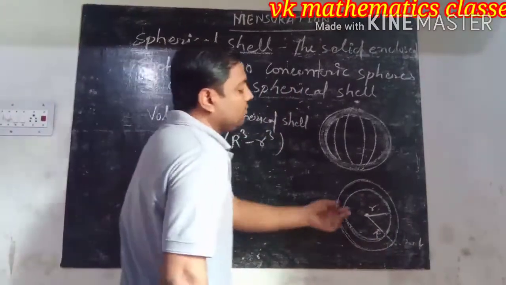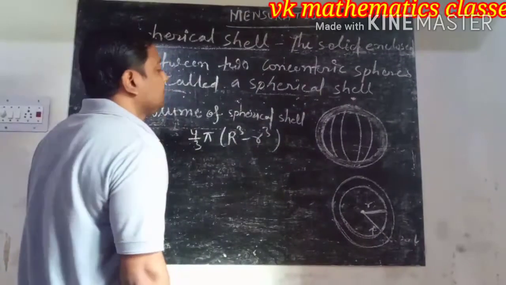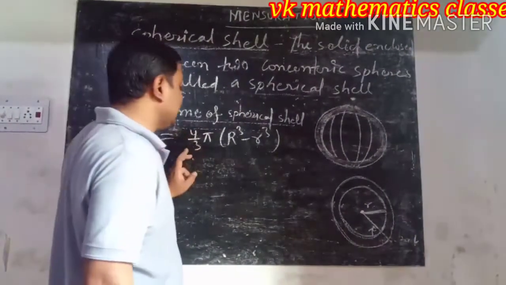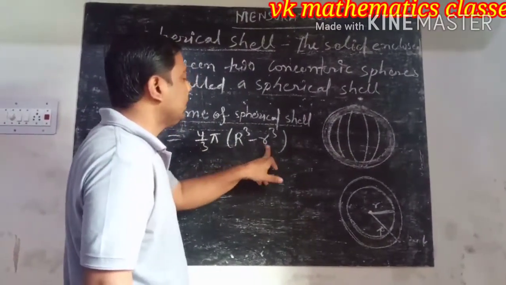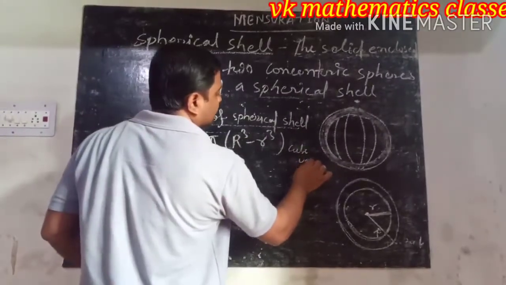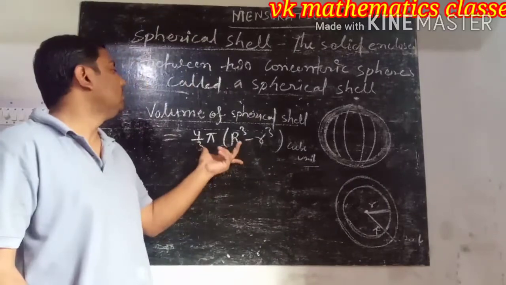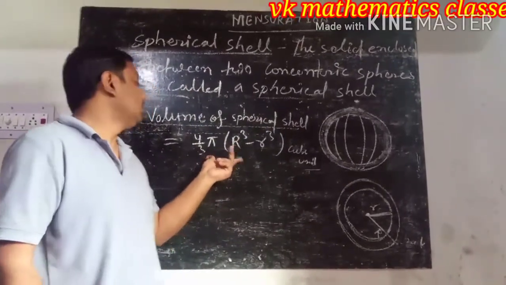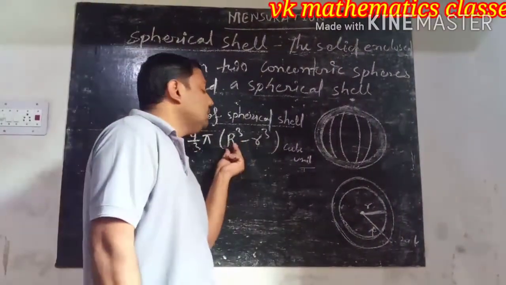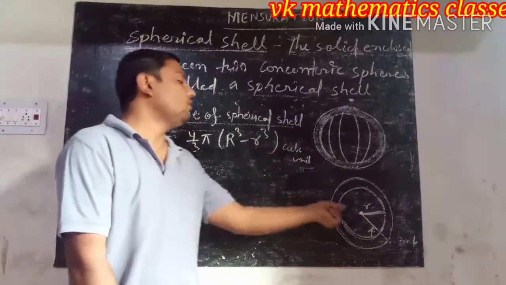If the radius of the inner sphere is r and the outer sphere is capital R, the volume of a spherical shell is equal to 4/3 pi (R cube minus r cube) cube units. Here R is the radius of the external sphere and r is the radius of the internal sphere.